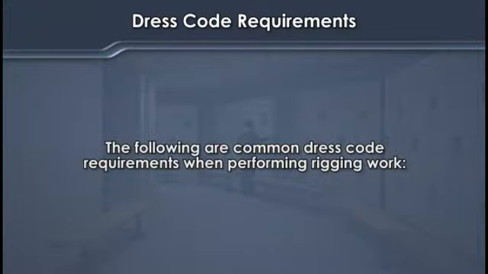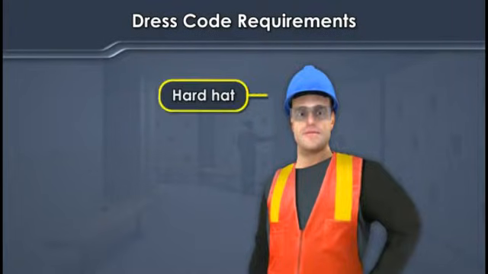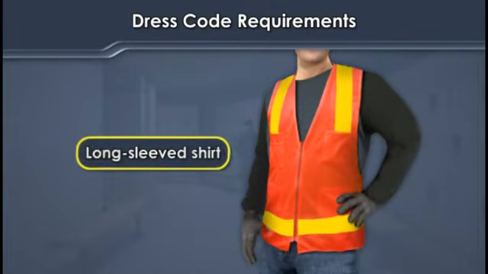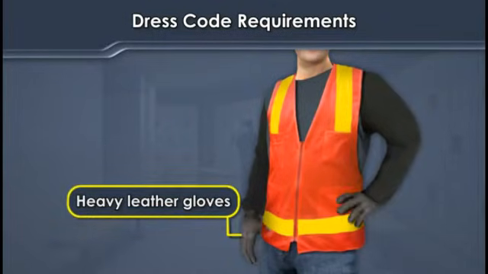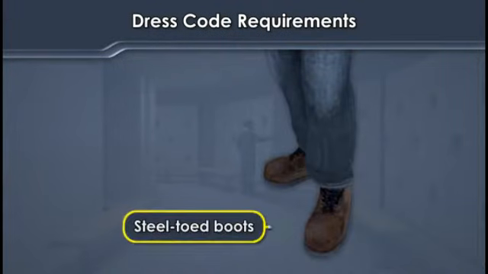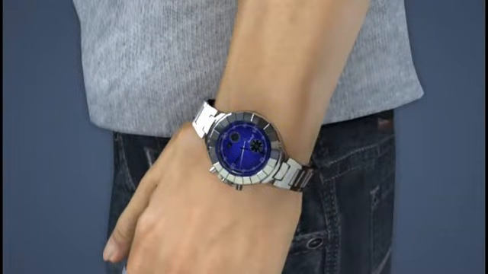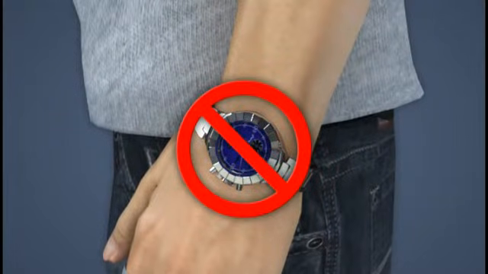The following are common dress code requirements when performing rigging work: hard hat, safety glasses, long-sleeved shirts, heavy leather gloves, and steel-toed shoes or boots. It's also recommended that shirts be tucked in so that loose fabric will not get caught on equipment. For the same reason, you should not wear loose jewelry at the work site.